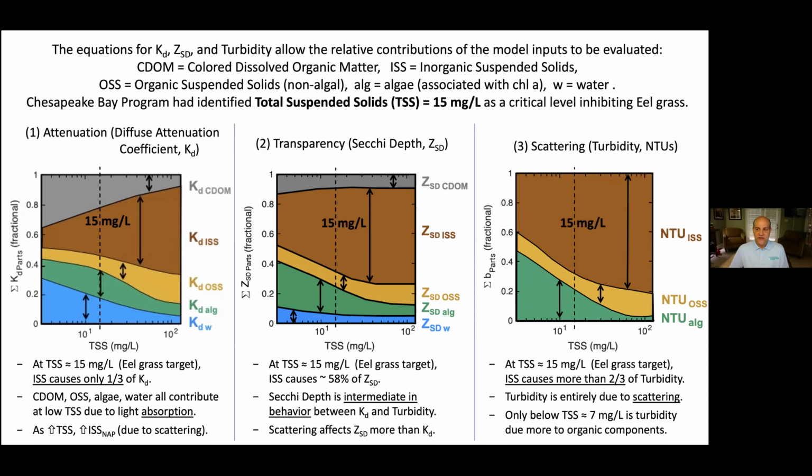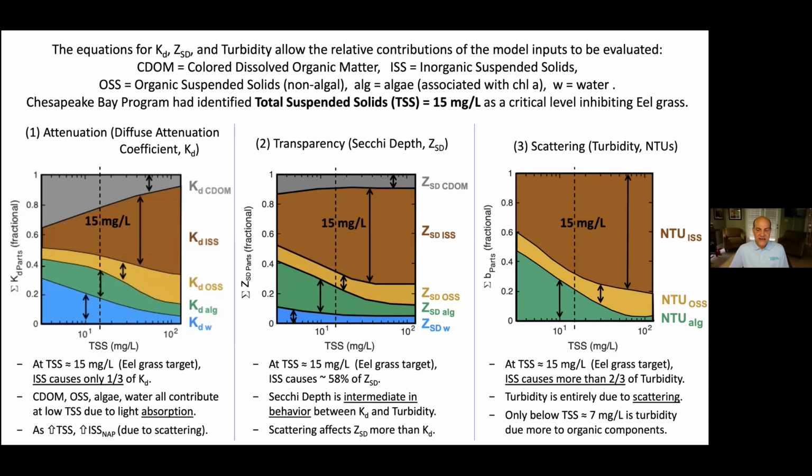The relative importance of CDOM is shown in gray, inorganic solids in brown, organic solids in yellow, algae in green, and absorption by pure water in blue. On each plot, a vertical dashed line highlights the case where total suspended solids are equal to 15 milligrams per liter, which is the level that the Chesapeake Bay program has identified as critical to inhibiting eelgrass survival.